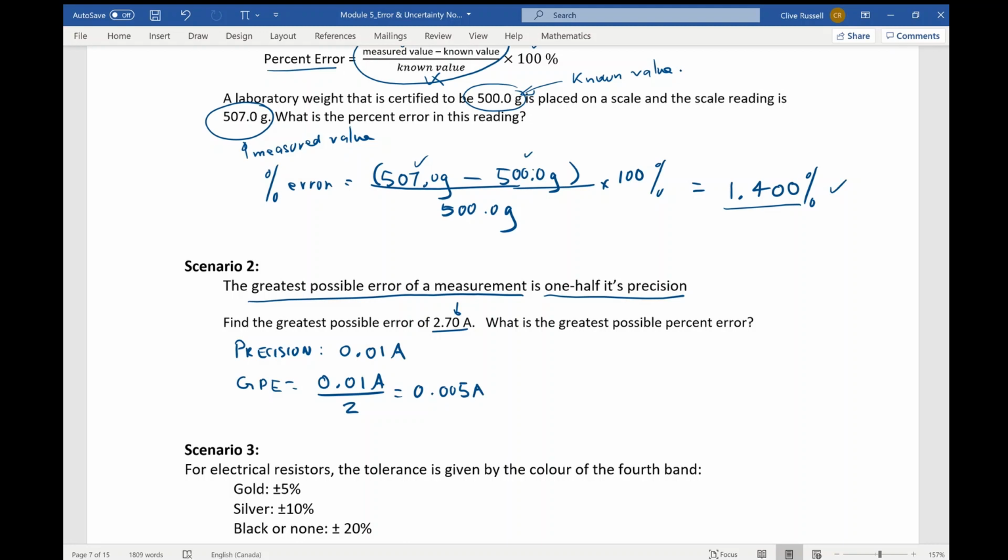Now notice in this case it's a bit different from the first example right here. All we were given is the 2.70 and it says find the greatest possible error. Then we're going to be finding the possible percent error.